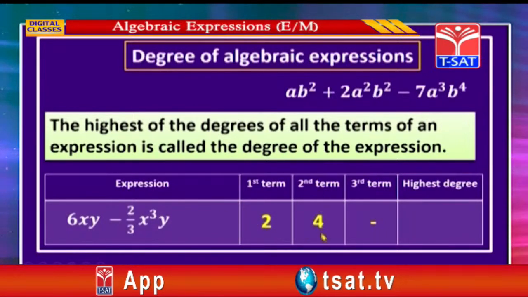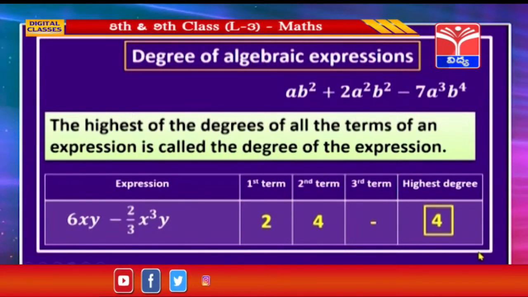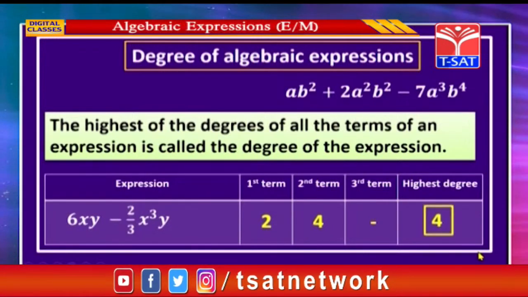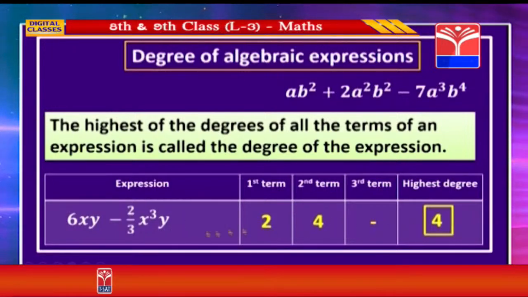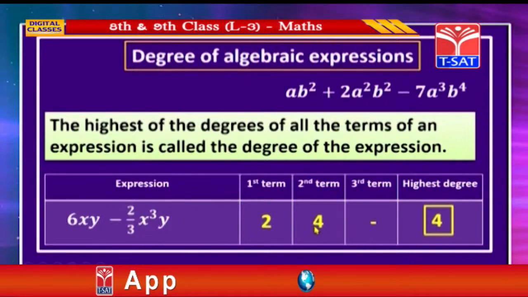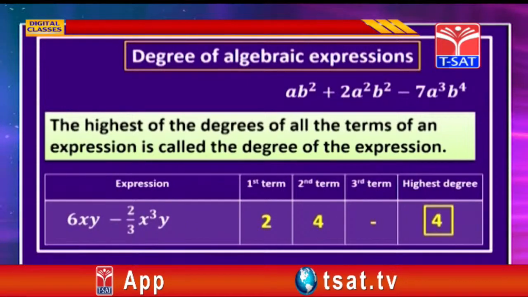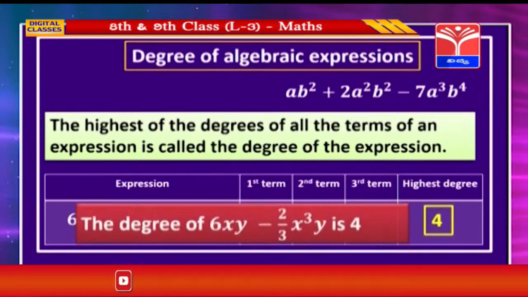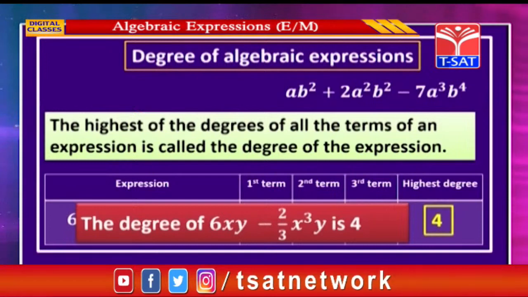The second one, 4. So the highest degree is 4. That means the degree of this algebraic expression is 4. So first we find the degree of each and every term, and whichever has the highest degree, that is the degree of the algebraic expression. So the degree of 6xy minus 2 by 3 x cube y is 4.